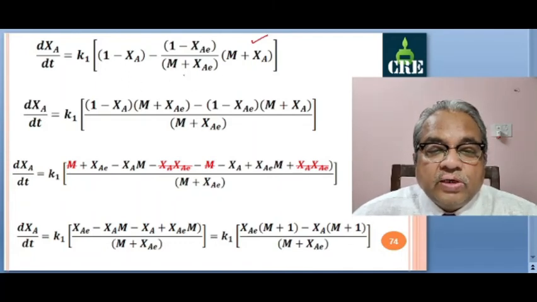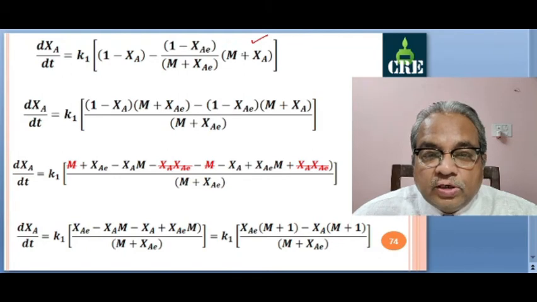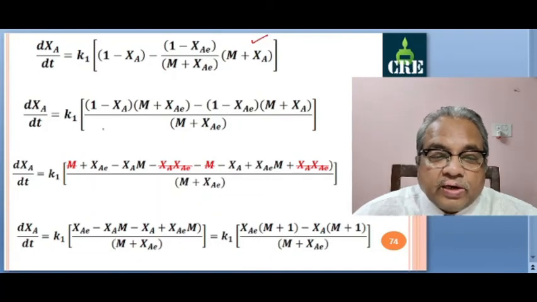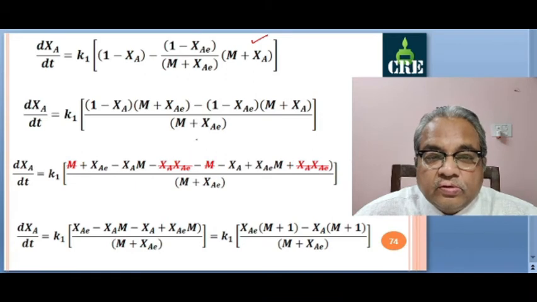The numerator is (1 minus XA) into (M plus XAE) minus (1 minus XAE) into (M plus XA), with (M plus XAE) in the denominator. Solving these brackets: M plus XAE, minus XAM, minus XAXAE; then minus M, minus XA, plus XAEM, plus XAXAE.